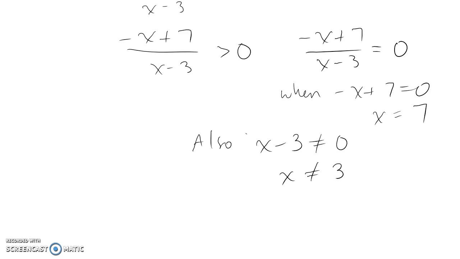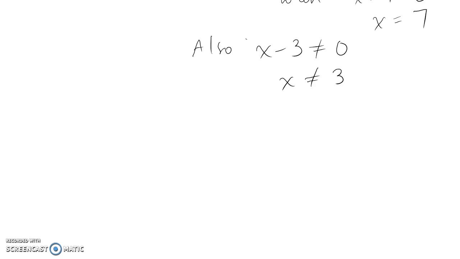When I set up my sign chart, those two important numbers, 3 and 7, tell me when the graph might go above the x-axis or below the x-axis. They're going to be our two dividing lines. We don't want to include 3 in our solution set, nor 7, for two different reasons.